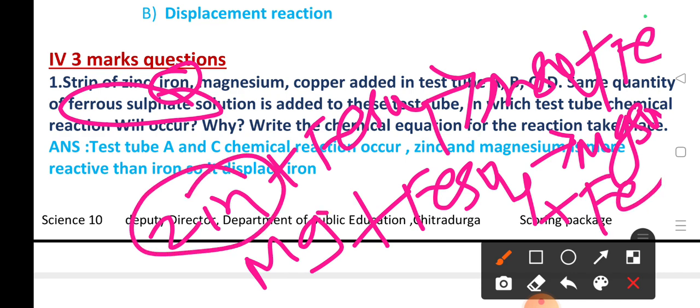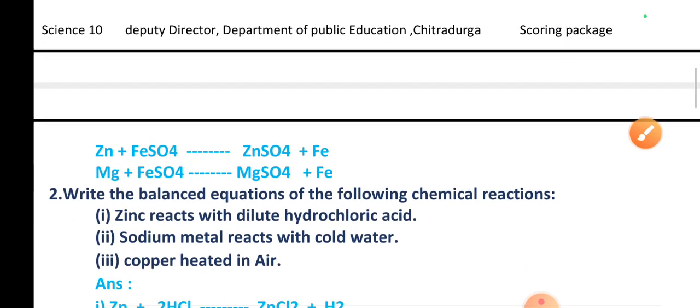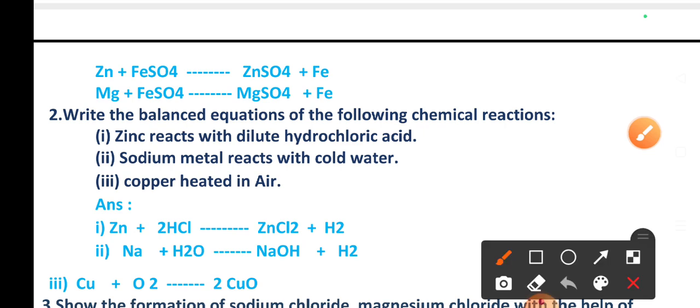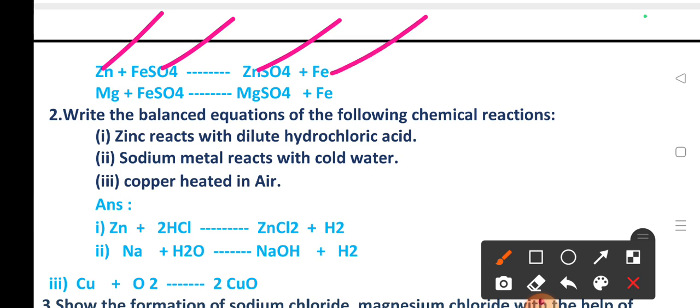Because zinc and magnesium are more reactive than iron. That's why they give a reaction.